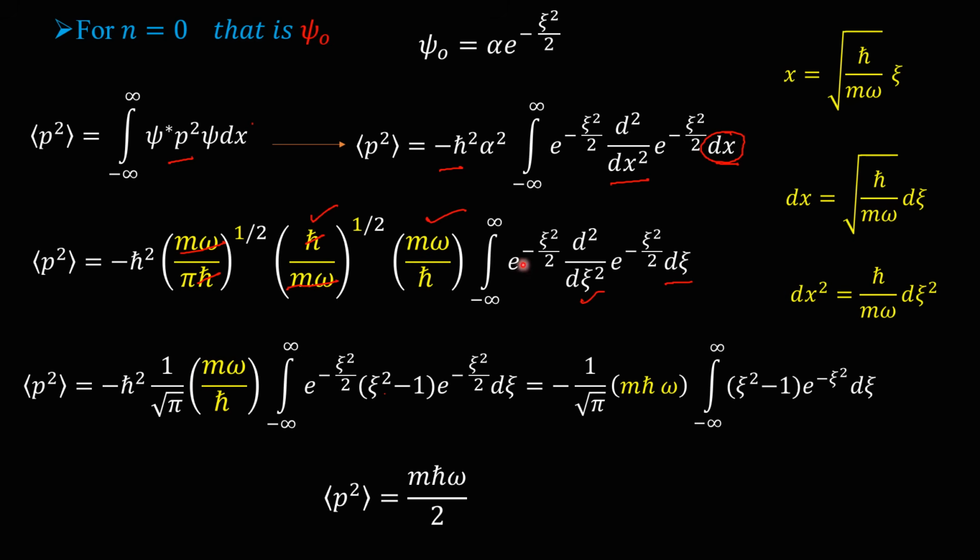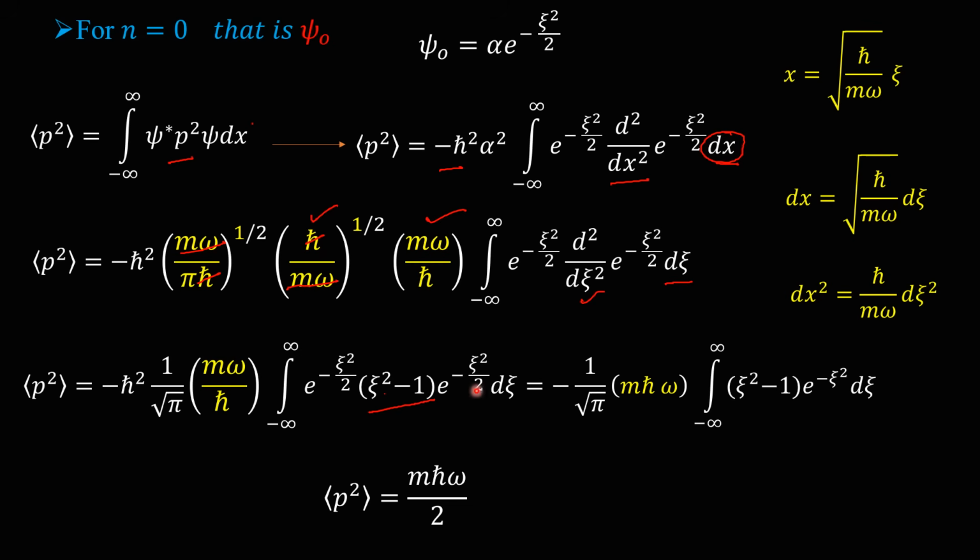So if you differentiate this twice, e power minus z squared over 2 twice, then you will get z squared minus 1 e power minus z squared by 2. So now you multiply this and this, because all are numbers, not operators, so you can interchange.